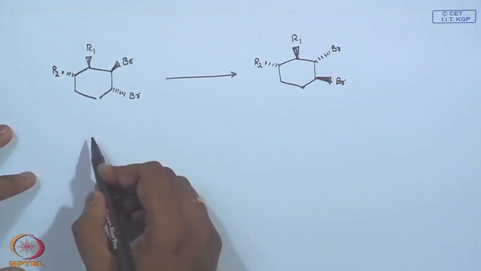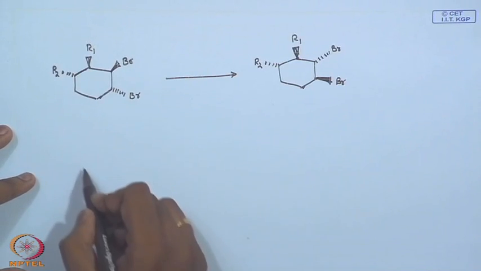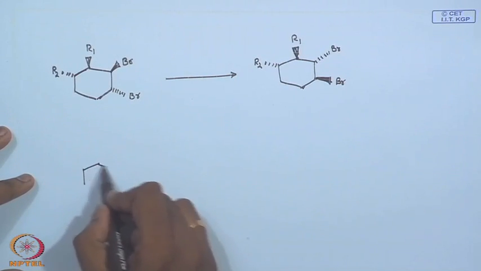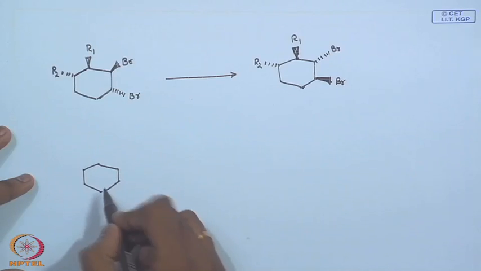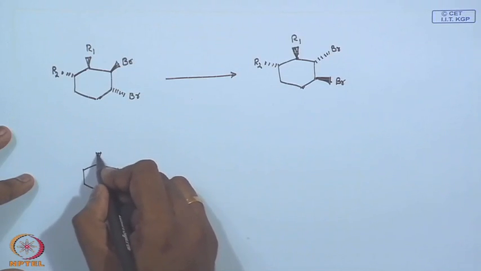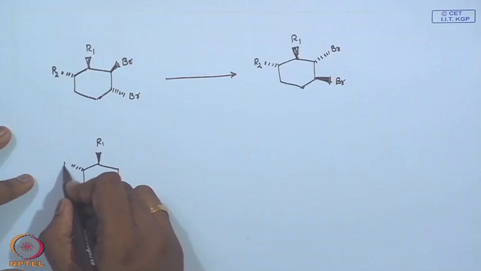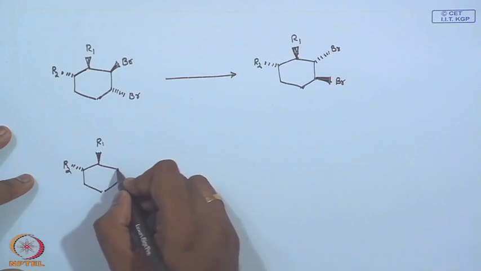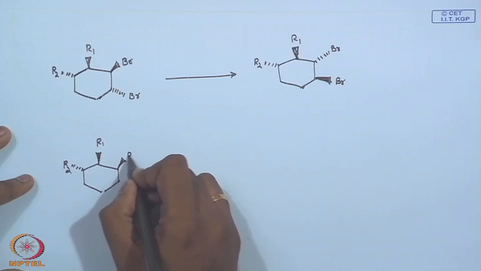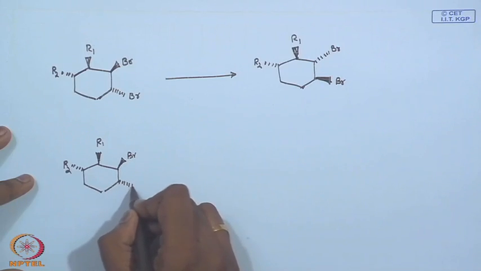In the same way, we can write here also R1 and R2, then bromine here.